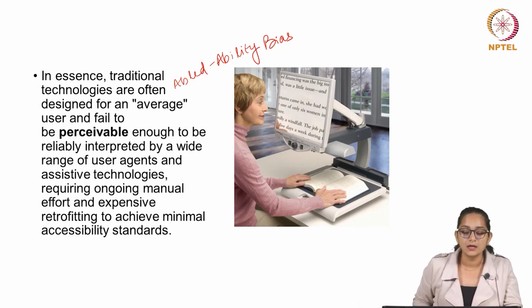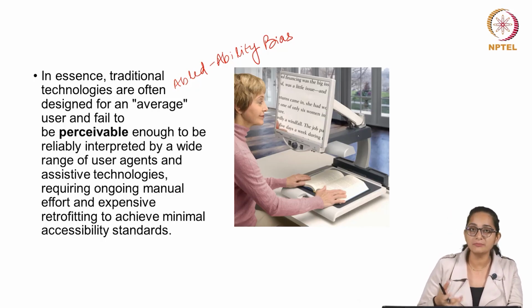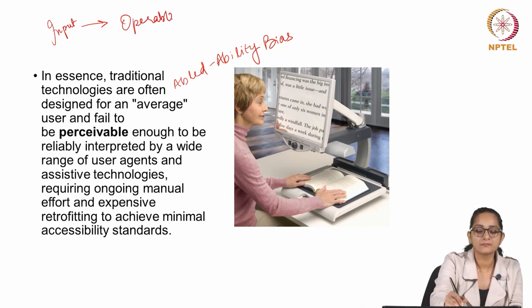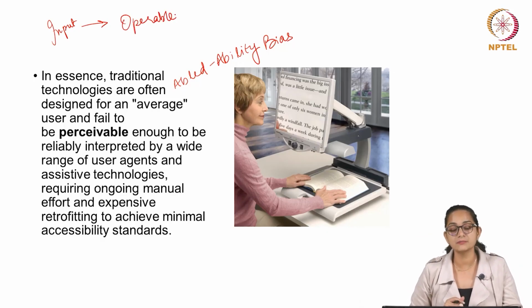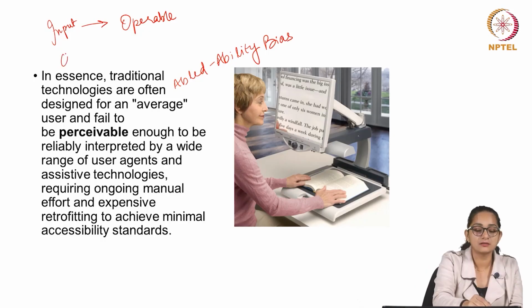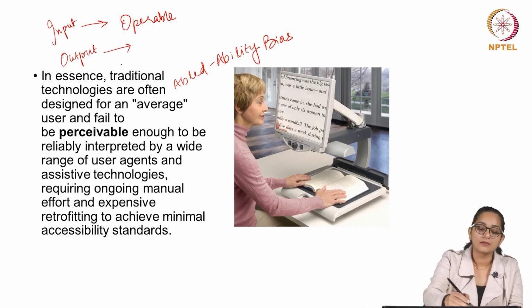In a similar manner, input devices were catering to the operability aspect of the POUR accessibility principles. What do you think output devices are catering to? Can you think about it?